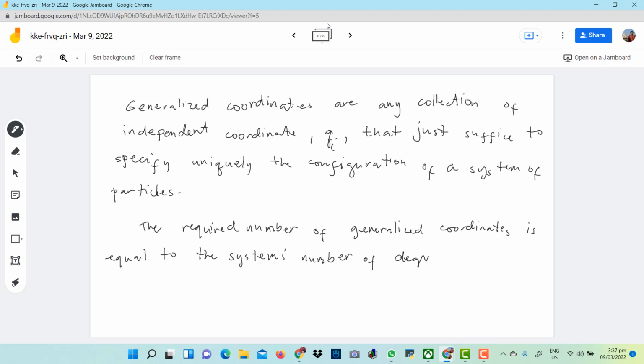So in this case, for a simple pendulum, I have 3 degrees of freedom, so supposedly I have 3 generalized coordinates.